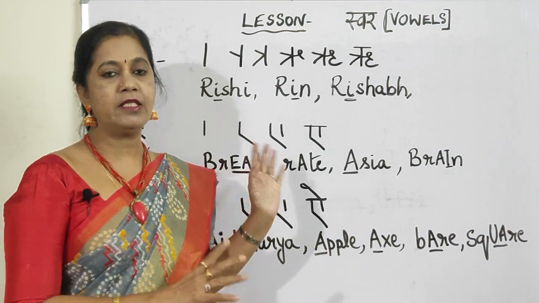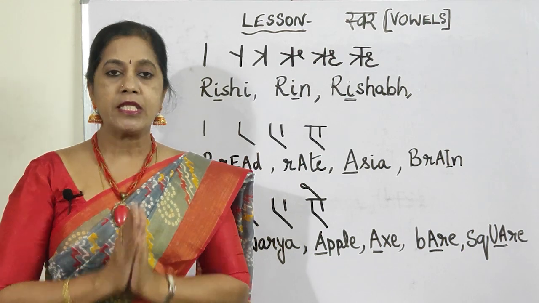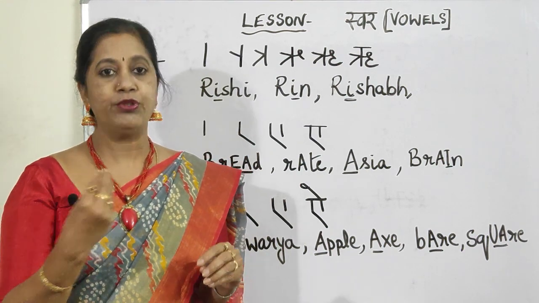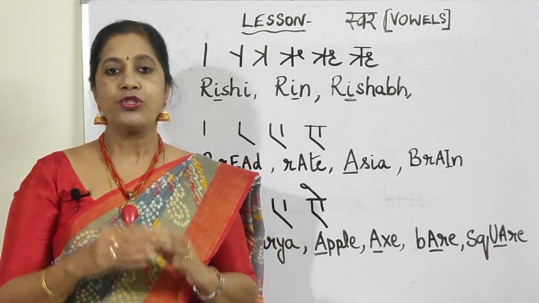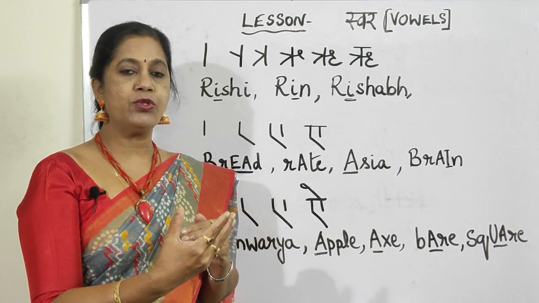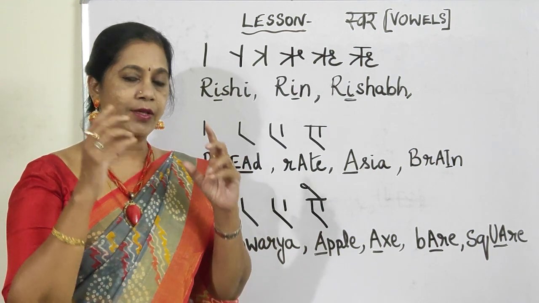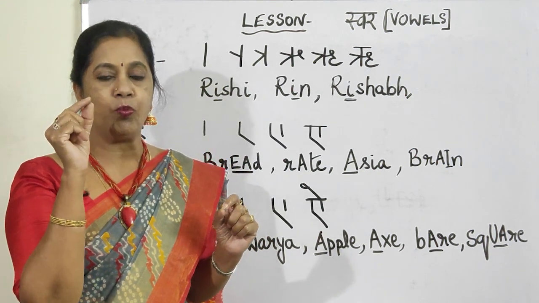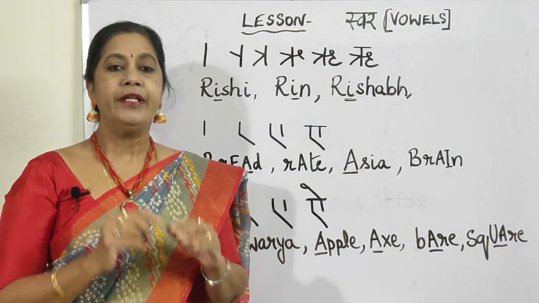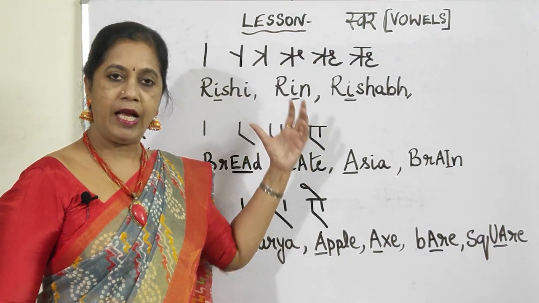First thing is, I wanted you to know the sounds of these letters, or the phonic sound, for each letter. So I'm giving you English words. When you pronounce those English words, you will know exactly what kind of sound that Hindi letter will have.